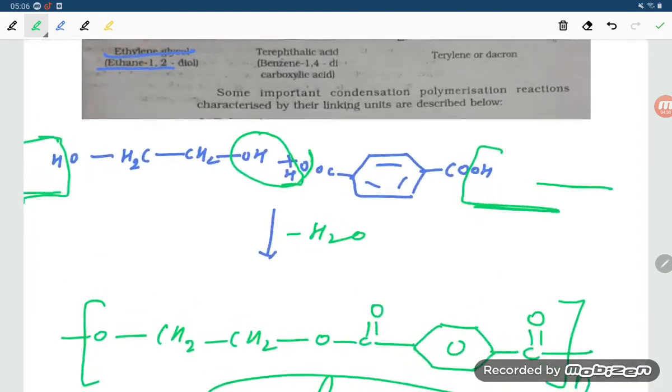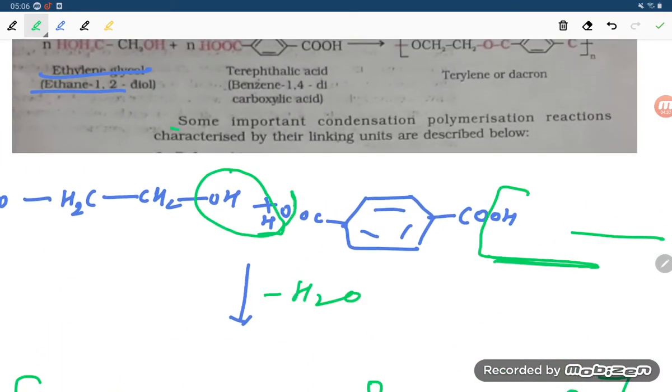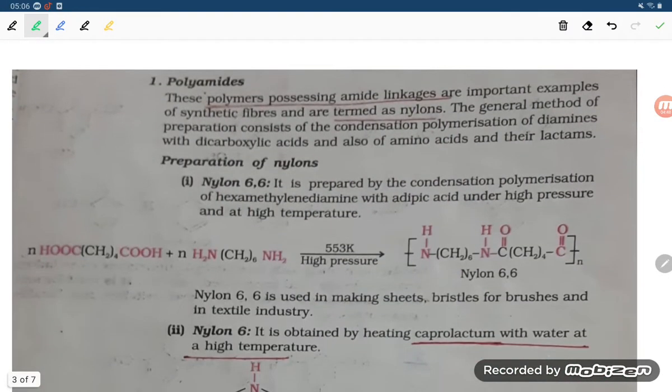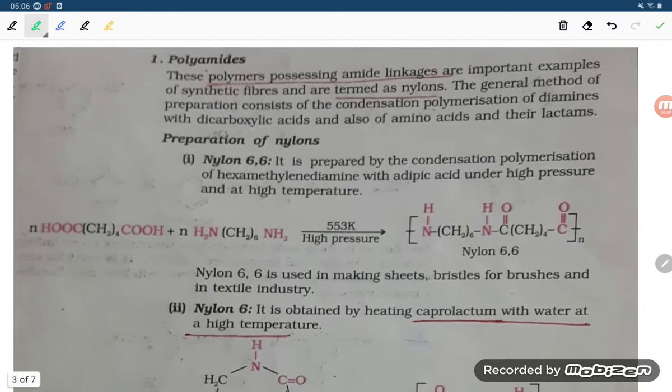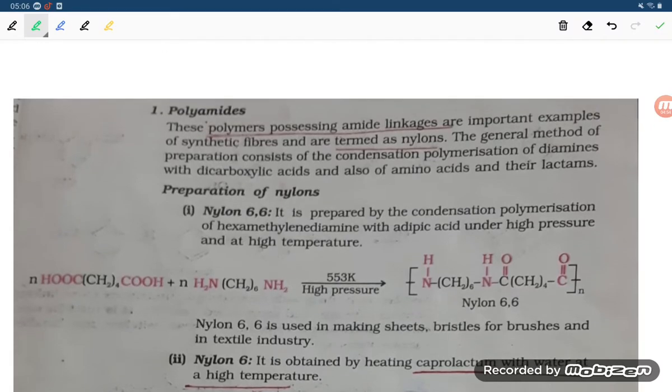Dear students, some important condensation polymerization reactions characterized by their linking units are described below. Let us look at examples of condensation polymerization. The first one is polyamides.